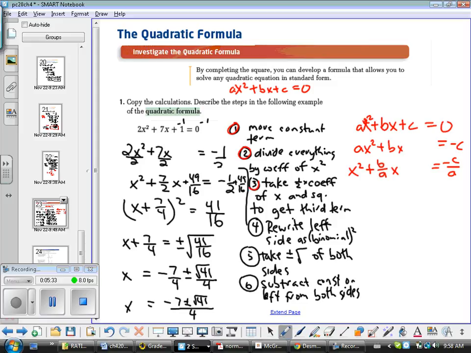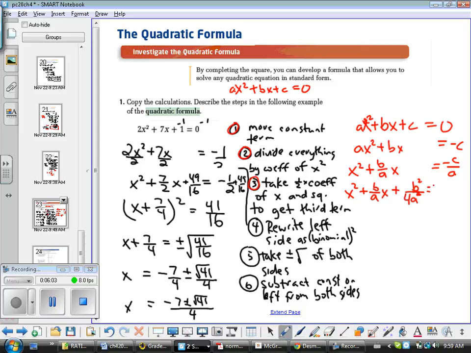Step 3, take 1/2 the coefficient of x and square it, which gives me the third term. So 1/2 times b over a is b over 2a. When I square that, I square the b, and I square the 2a, which becomes 4a squared.